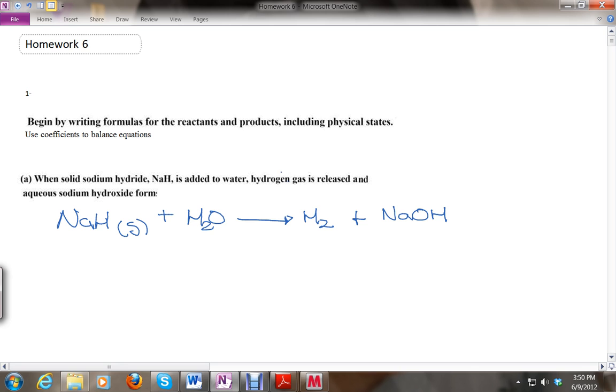Now, let's balance, and by the way, let's put the states. It's added to water, right? This would be liquid water. If not, it would say vapor. And this is gas, it produces gas, and this is aqueous. So you write AQ as aqueous.